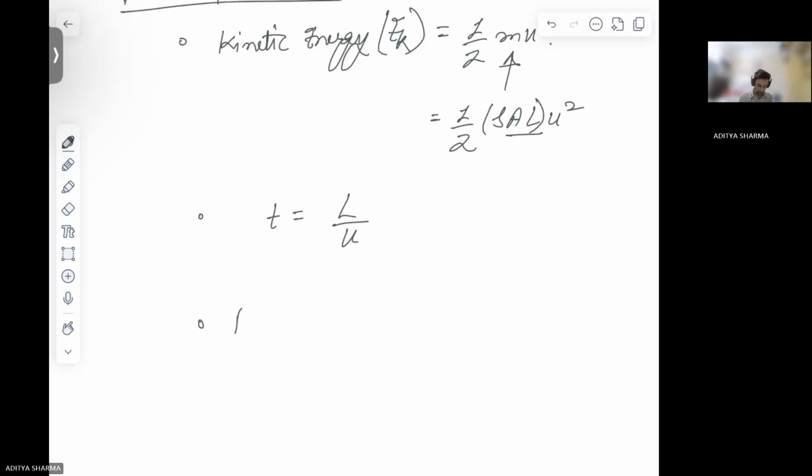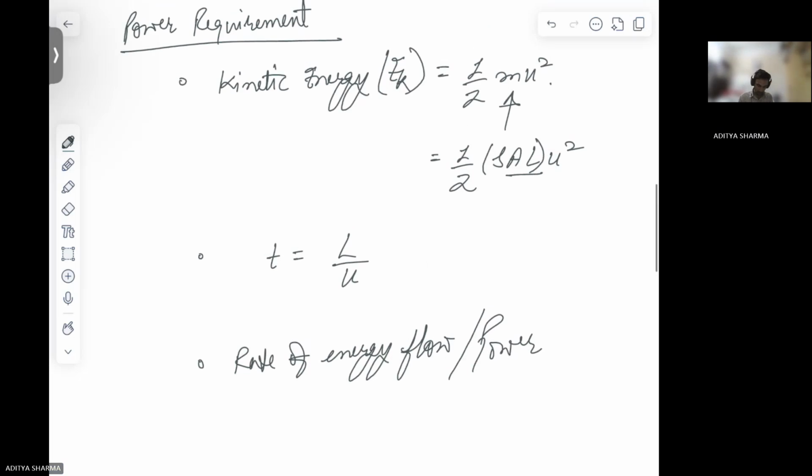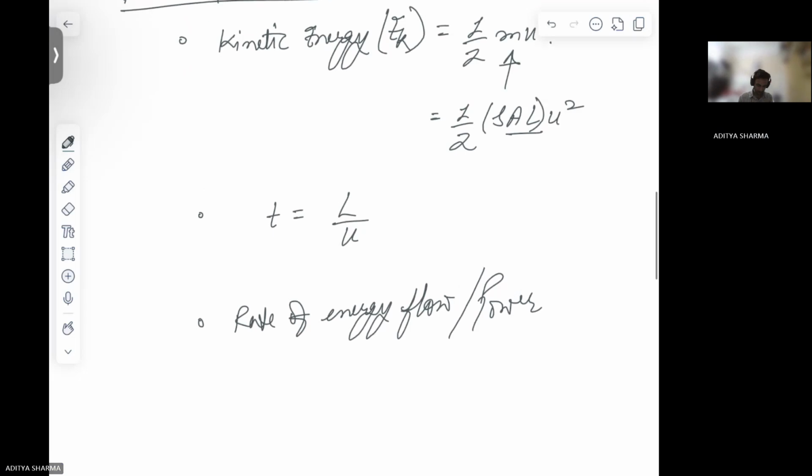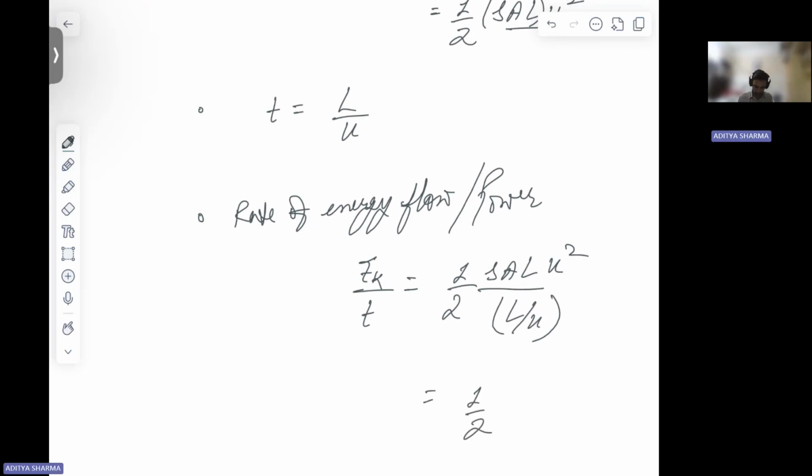Now the rate of energy flow, which we also call power, you can write down, and it will eventually become proportional to velocity.